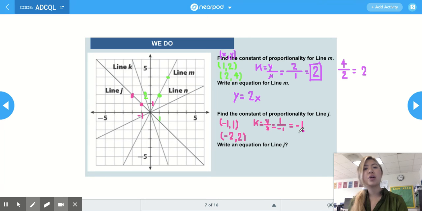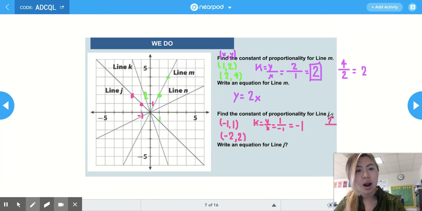Just to confirm that -1 is our constant of proportionality, I chose a backup point, which is -2, 2. We're using the same equation, y over x, so our y value is +2, our x value is -2. +2 divided by -2 is -1. And then our equation is going to be y is equal to -1x.